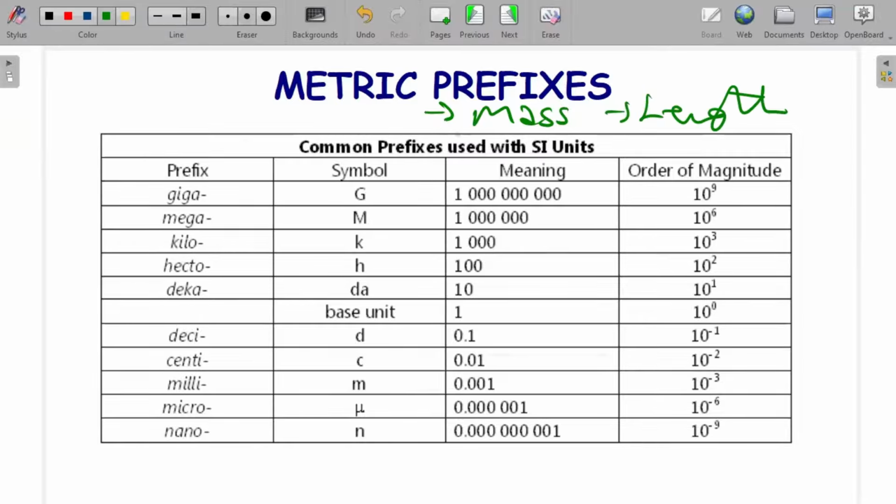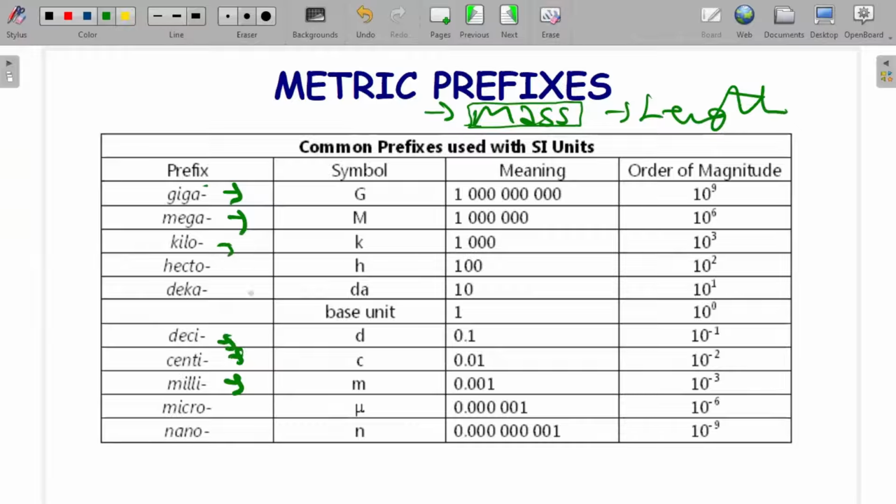You're converting between the same unit of measurement. If your conversion is dealing with mass, it should be consistent with mass. If you are dealing with length, it should be consistent with length. If you are dealing with time, it should be consistent with time. But you are converting from maybe a giga to a milli, from a mega to a centi, from a kilo to a deci.